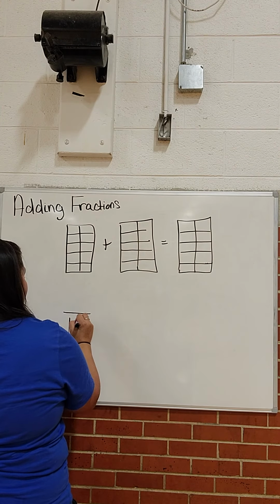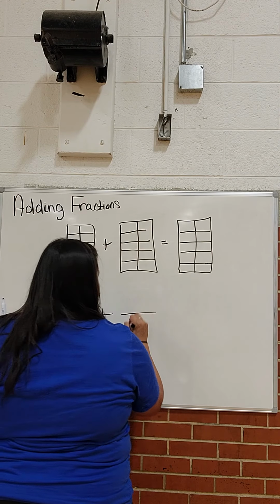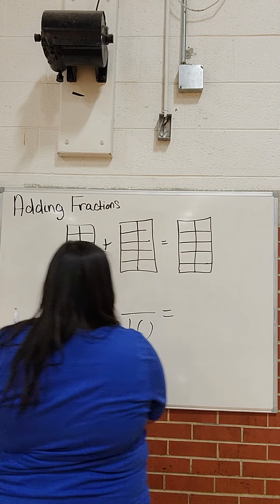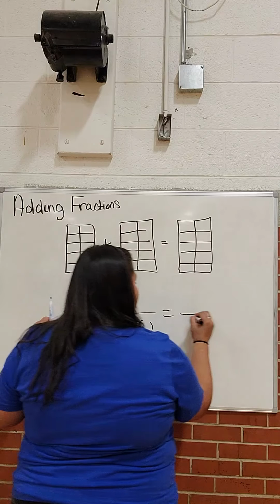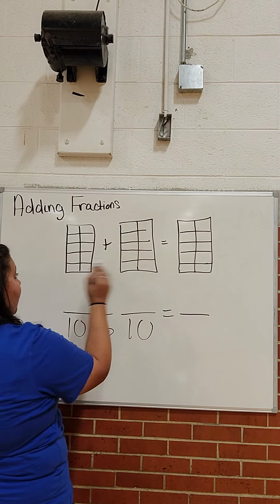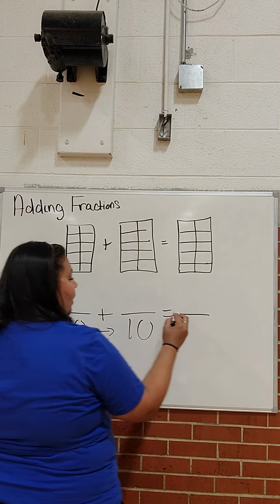So our denominators are 10, 10, and of course it stays the same. If it's the same denominators or wholes divided up into the same, it's also 10.